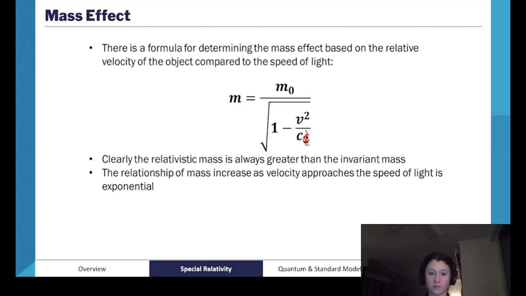And this is because when we are dividing here, we are dividing by a number which is making our relativistic mass greater, right?